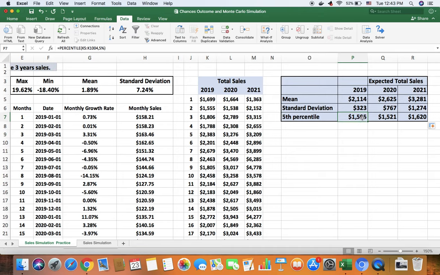Or we just say it is almost sure that the total sales of 2019 are greater than this value.